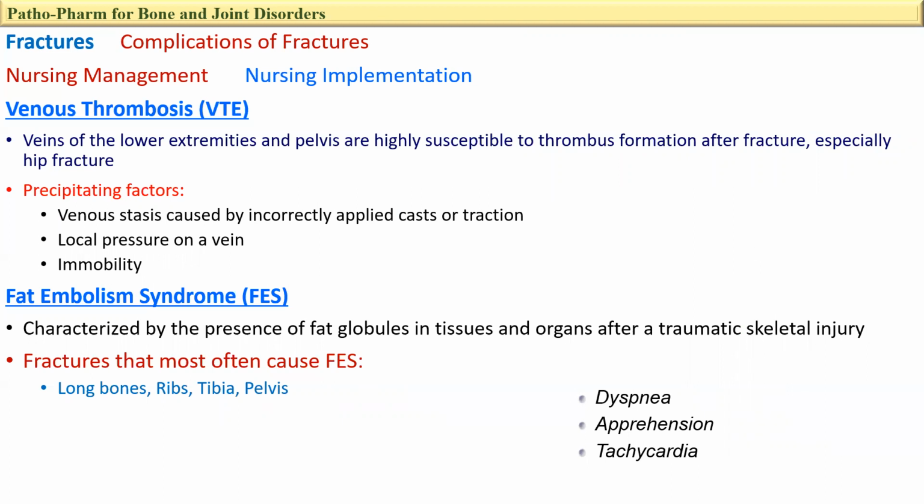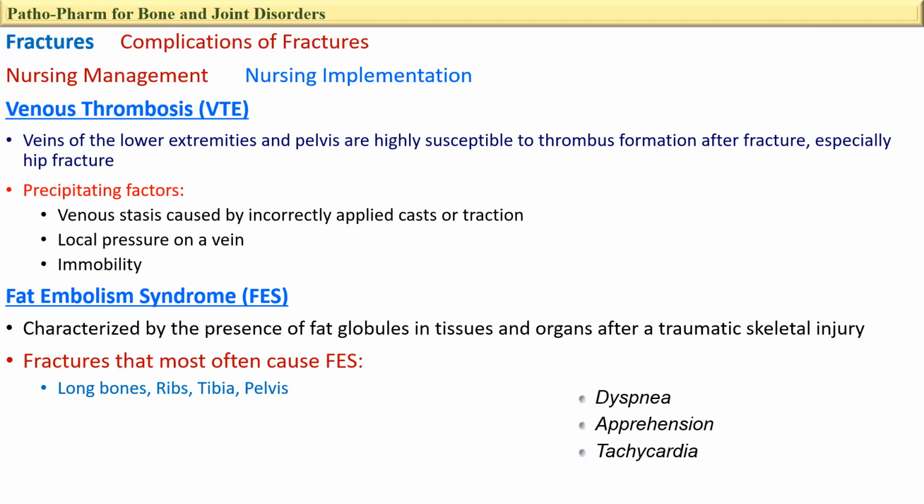VTE, venous thromboembolism, is another complication expected from fractures. The fat embolism syndrome is characterized by the presence of fat globules. The pathophysiology behind this is still unclear; we don't have a complete understanding of it. We only have theories that would explain fat embolism syndrome.